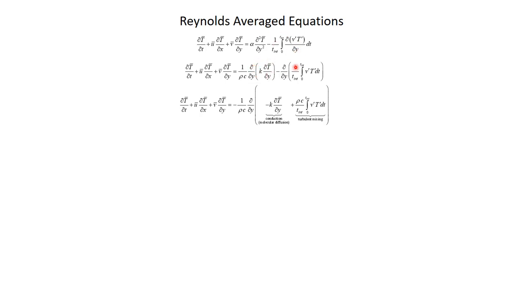Here I'm just bringing the ddy out of the integral, right? And then I put them all together, and I see pretty clearly here that I have conduction, and adding to that conduction is turbulent mixing, right? So again, something we're pretty familiar with, and then something that's brand new, right? This is a term that we're going to have to come up with a model for if I want to solve this equation.